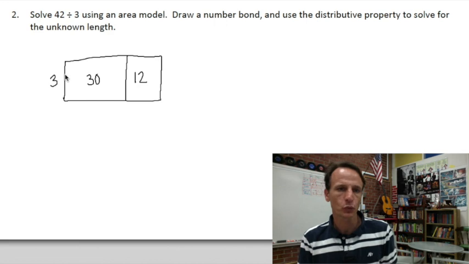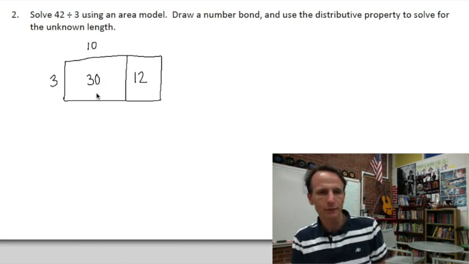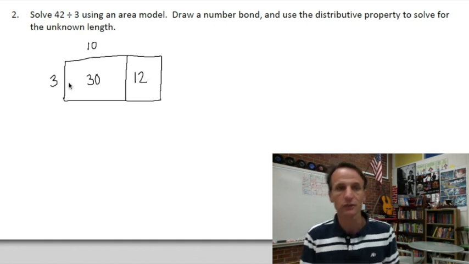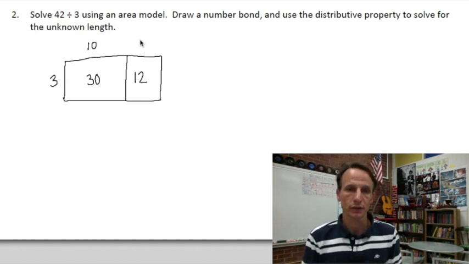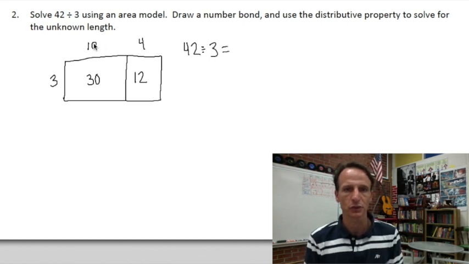So 3 times what is 30, also known as 30 divided by 3, is 10. 3 times what is 12, also known as 12 divided by 3, is 4. Okay, so let's write this out: 42 divided by 3 is 10 plus 4, which is 14.